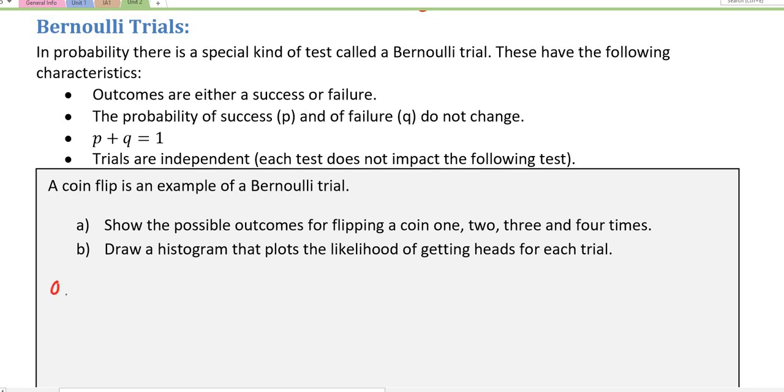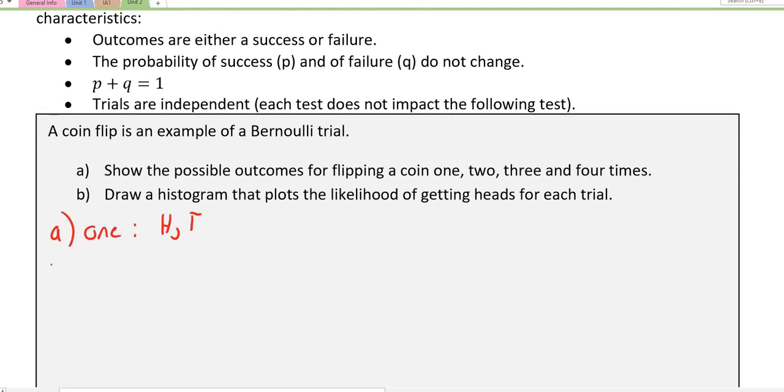So, for A, for 1 coin flip, you can have heads or tails. For 2, you could have heads heads, heads tails, tails tails.